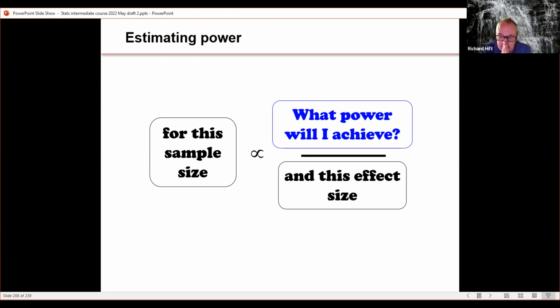Or I might say 30% power. In other words, you've only got a 30% chance of showing significance if it's there. Are you prepared to stake your research career on a 30% chance of showing something if it's there? Or you're going to abandon this experiment or go out and try much, much harder to increase your sample size? So we could ask it that way as well.